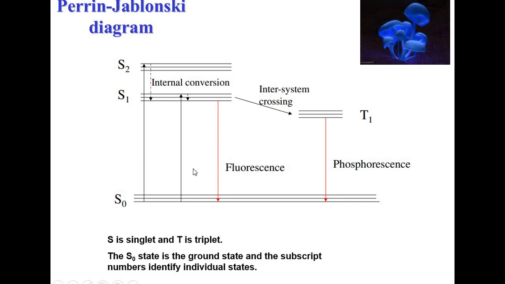The first is the non-radiative transition, in which the electron shifts to a lower electronic level without radiating any radiation. This is the higher electronic level and this is the lower electronic level. Electrons can come from here to here, and this process is known as internal conversion, in which the electrons come to the ground state only by emission of heat or by collision with other species in the medium.